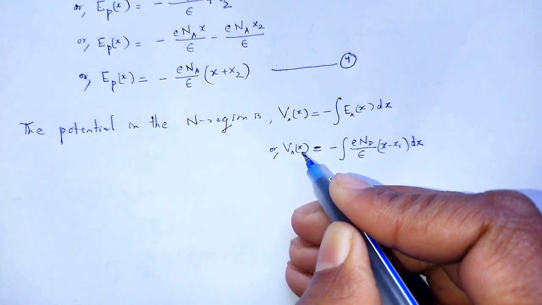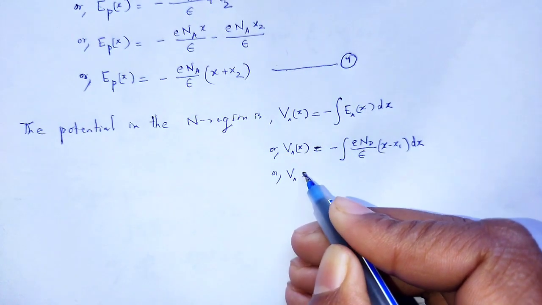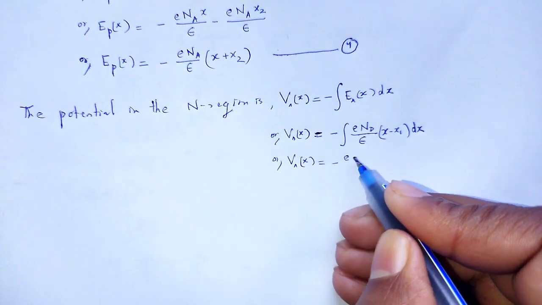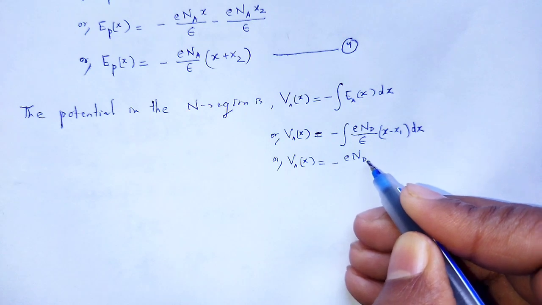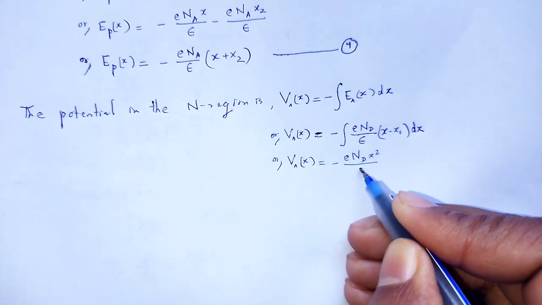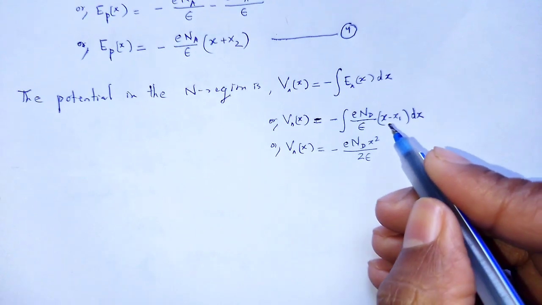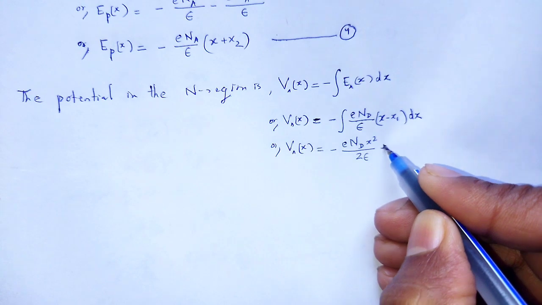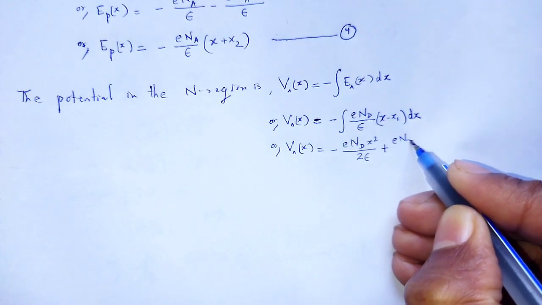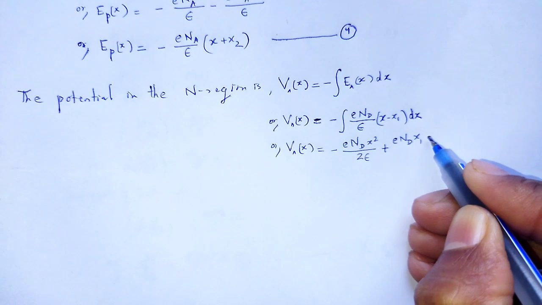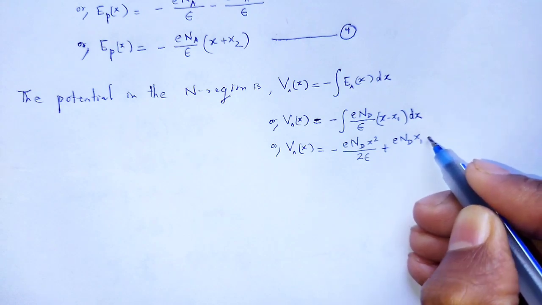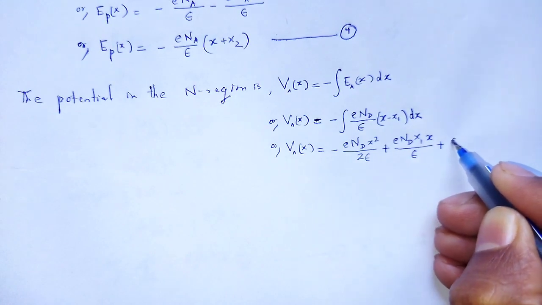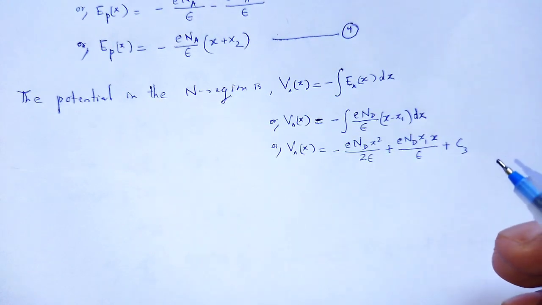And for V n of x, evaluating that integration: q N d x square divided by 2 epsilon, integration of x dx as x square by 2, minus minus plus q N d x1, then integration of dx as x divided by epsilon, plus C3, the constant of integration.